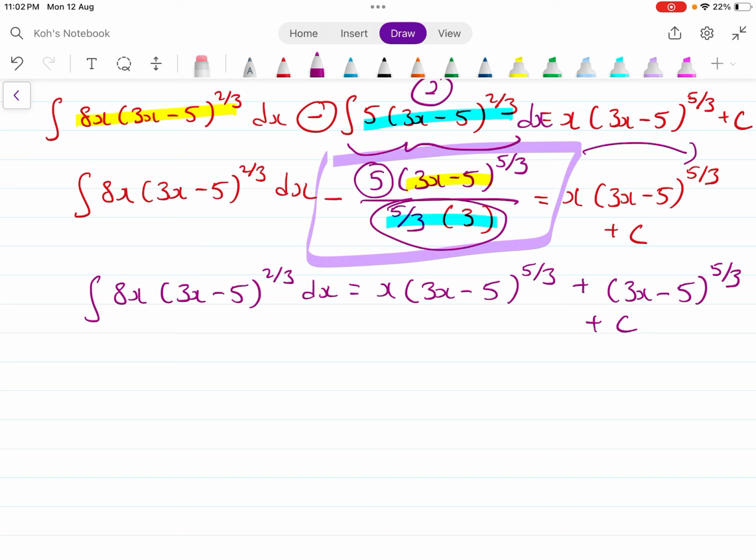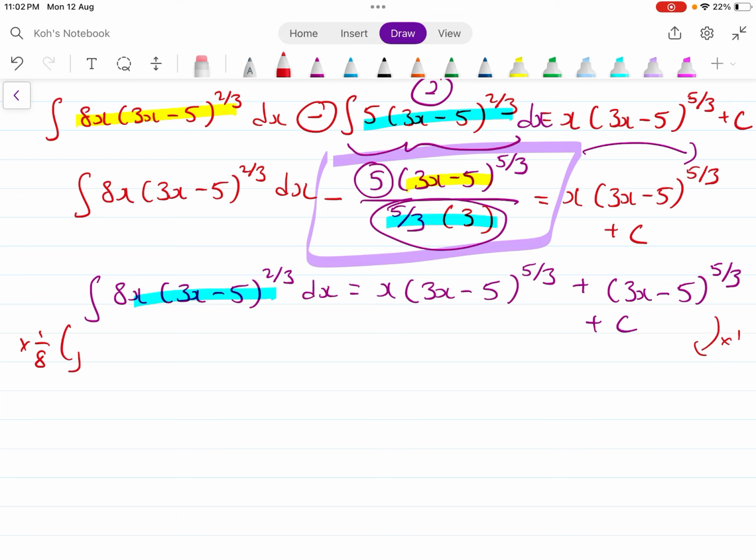So for example, I look at the left hand side. Because they want the integral of x(3x − 5)^(2/3), what I can do is times 1 over 8 on the left hand side and times 1 over 8 on the right hand side. Meaning times 1 over 8, you can divide by 8 also, same thing.